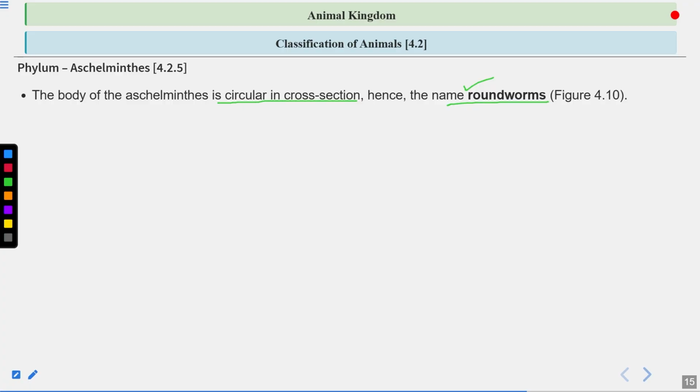If you cut any roundworm, Aschelminthes worm, you will see that they have a circular body surface. Platyhelminthes have a flat body surface. This is the dorsal and this is the ventral. This we see in the case of platyhelminthes, and the round surface we see in the case of Aschelminthes.